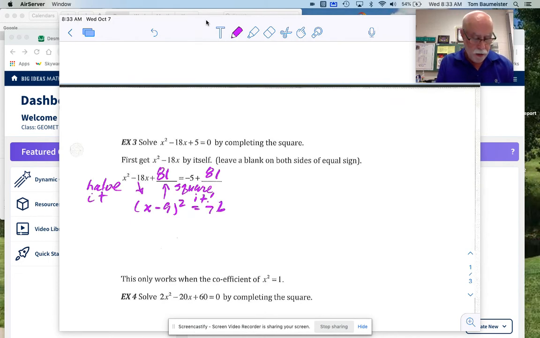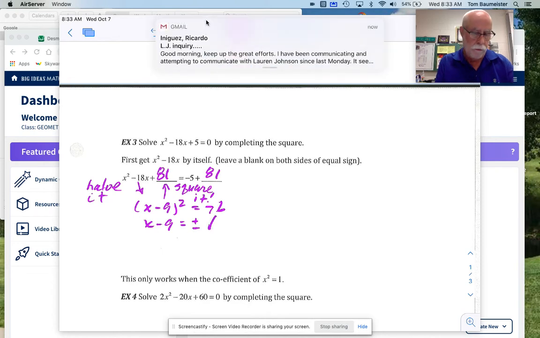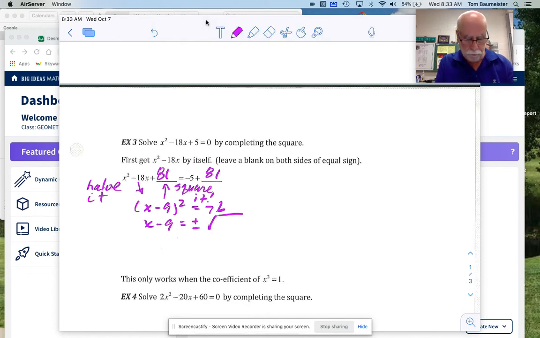All right? So now I'll get x minus 9. Remember, to get rid of a square, we square root it. And then we get, well, let's first see. I'm going to go off to the side here. Can we simplify 76?